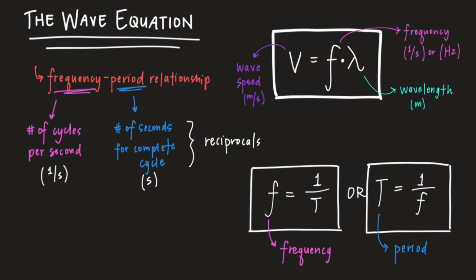It stands for period. Again, not sure why they didn't choose P, but they chose T instead. So we're going to make that note up there, that period's variable is T, and our variable for frequency is f. So again, frequency, or f, is equal to 1 over the period, 1 over T, or the period T is equal to 1 over the frequency f.